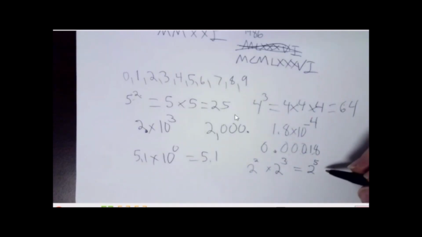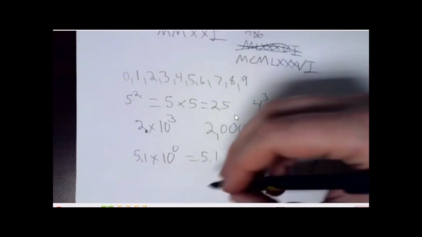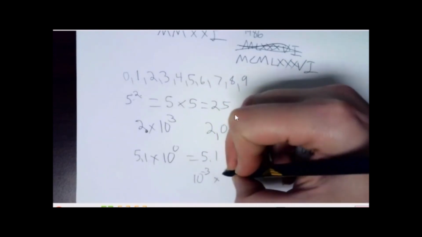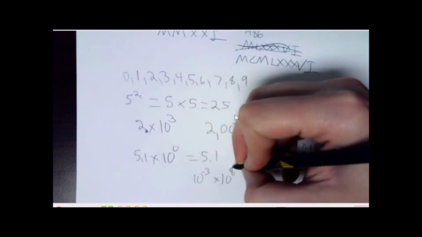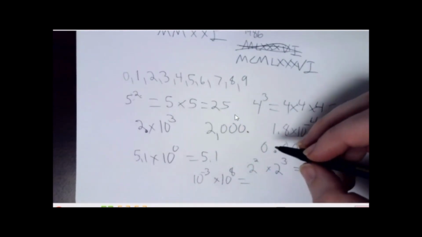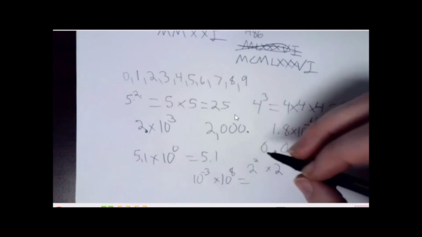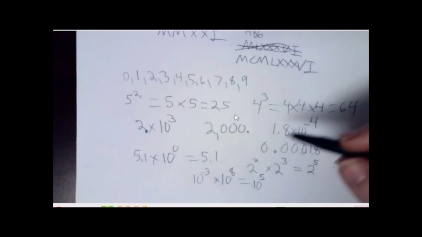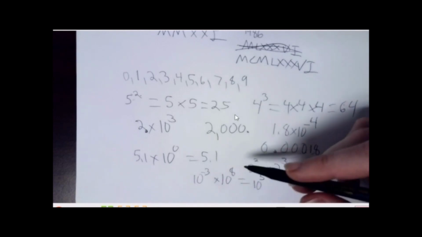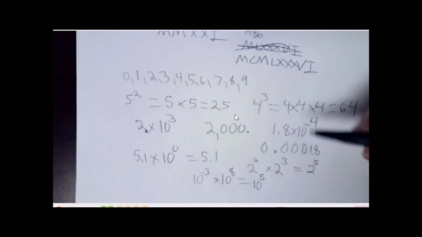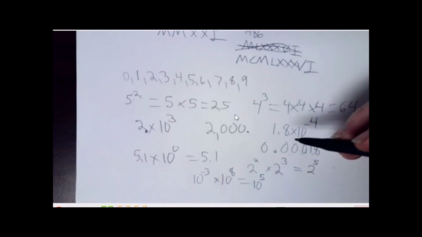Oftentimes this is going to be used if I have 10 to the negative 3rd times 10 to the 8th. What is 8 minus 3, or 8 plus negative 3? That's going to be 10 to the positive 5th because of the rule of exponents. So these exponents will be used very often, and we need to get used to seeing them.